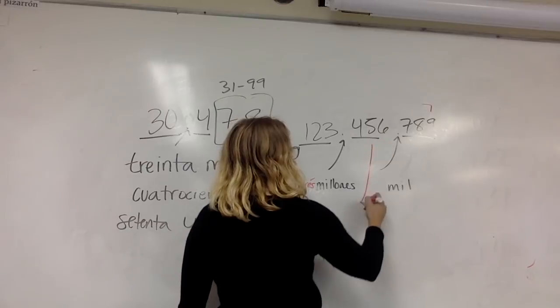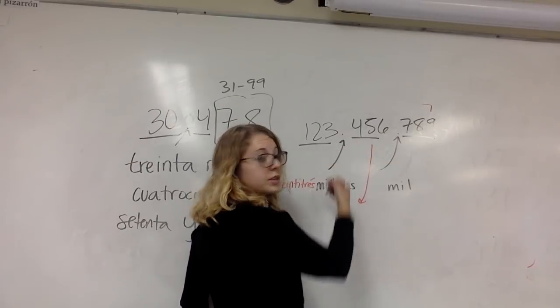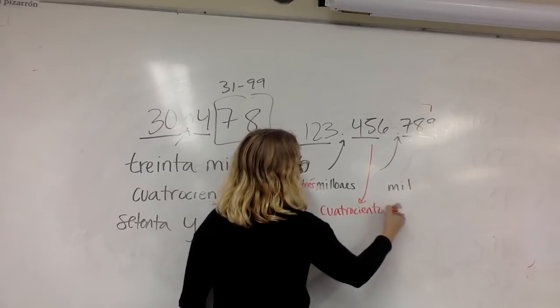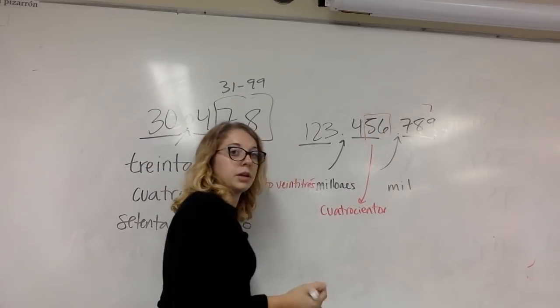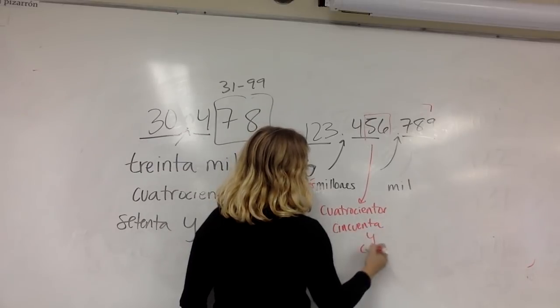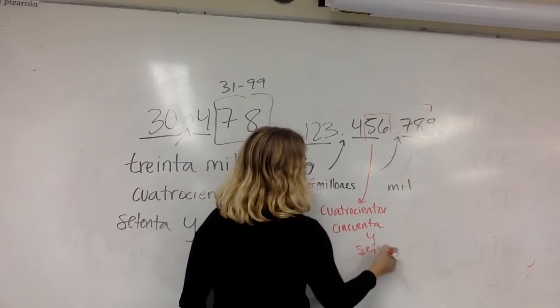Going here, we know that we have 456, so I've got cuatrocientos. 5 and 6 are in between 31 and 99, so I have cincuenta y seis mil.